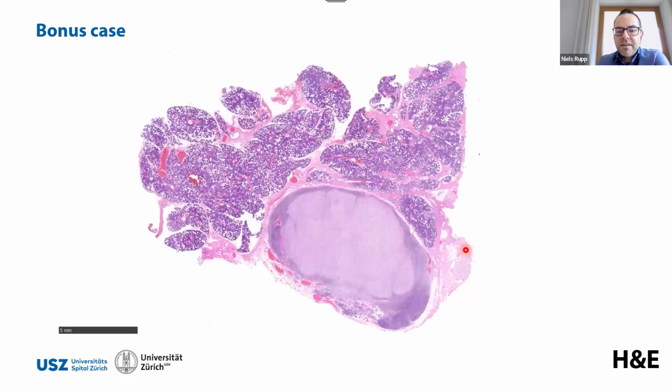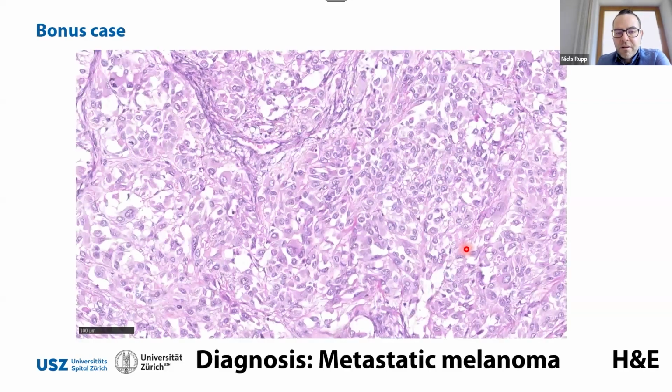And as you can see here, this is the parotid gland resection with a certainly positive lymph node here. And this was the lesion. And when magnifying this, you can see these highly atypical cells, even with rhabdoid features. And on histology, it was easy because all of the typical melanocytic markers were expressed.